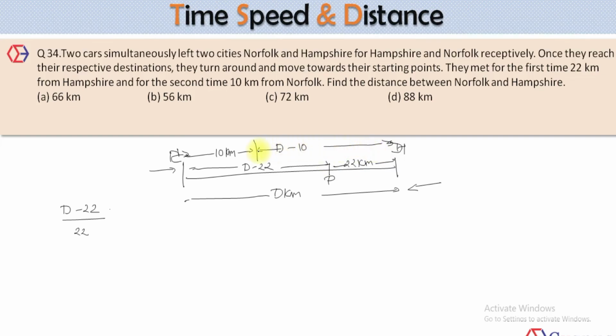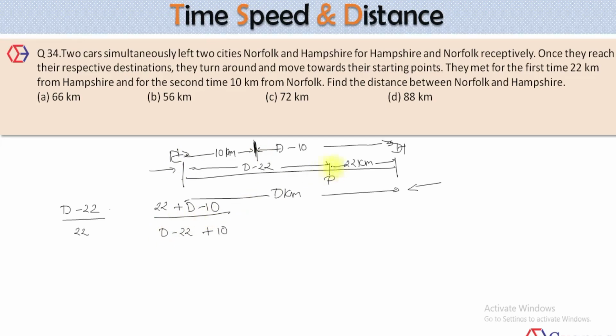So I'll cover these 22 kilometers, then I'll take a U-turn and come d minus 10 more kilometers. By that time, you'll reach this point and again you'll take a U-turn and cover 10 kilometers more. So this would be our second meeting. Can I say by the time the first person covers 22 plus d minus 10, the second person must have covered d minus 22 plus 10 more in the reverse direction?